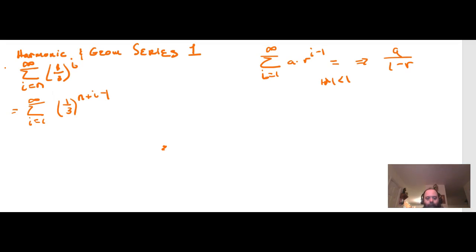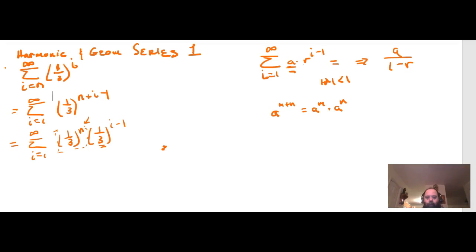Now, I know that a to the m plus n is a to the m times a to the n. So this can be rewritten as the sum from i equals 1 to infinity of 1/3 to the n times 1/3 to the i minus 1. Now that n is not part of the counter, it's a constant. That's the a in my equation here.